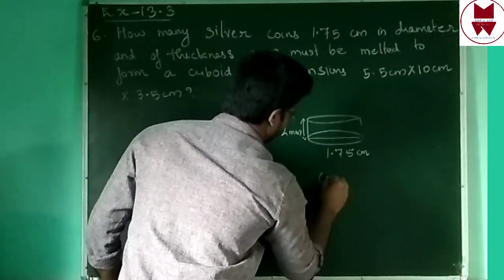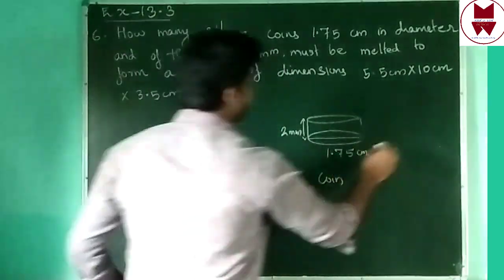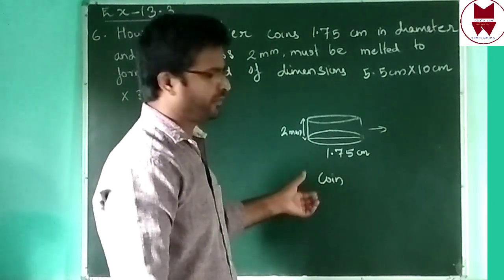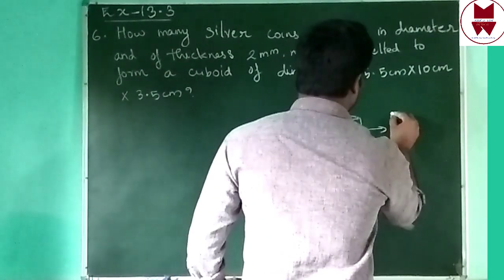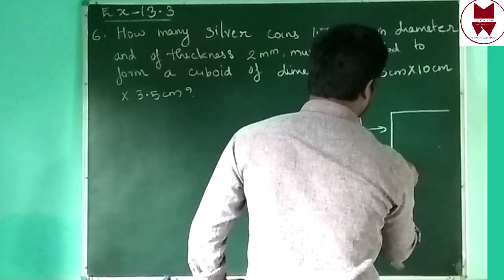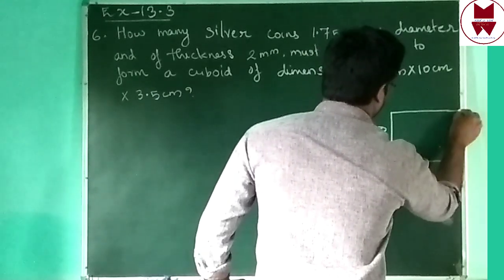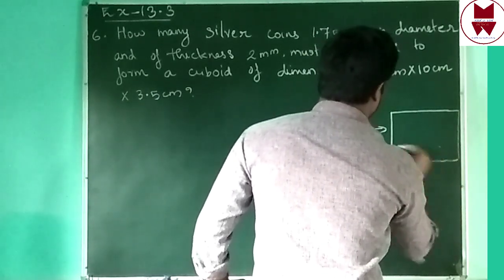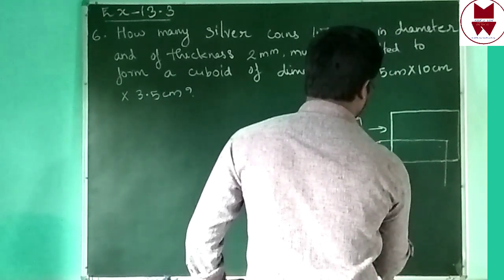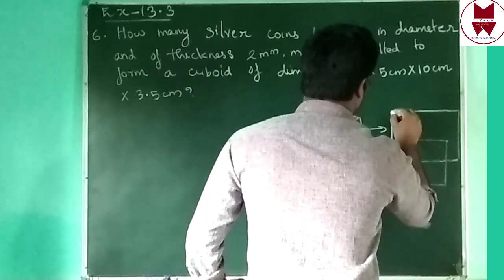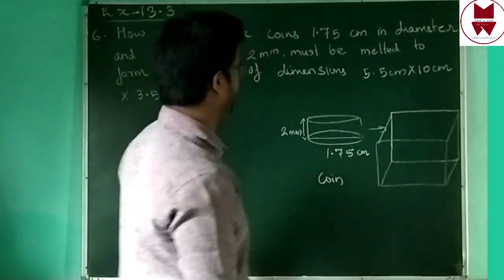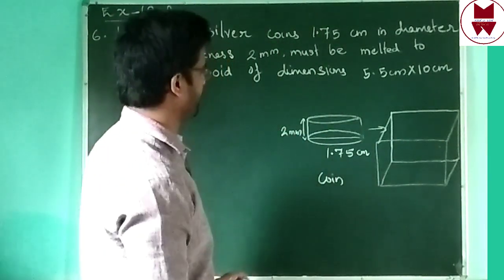Yes, one coin. Then with many coins we are making one cuboid. We are going to make one cuboid using many silver coins, not only one.